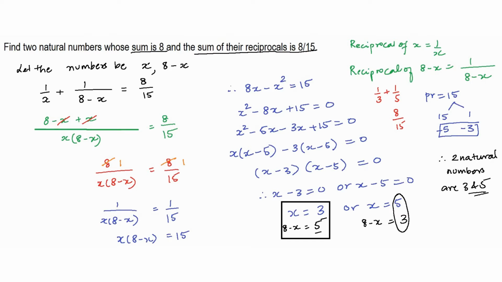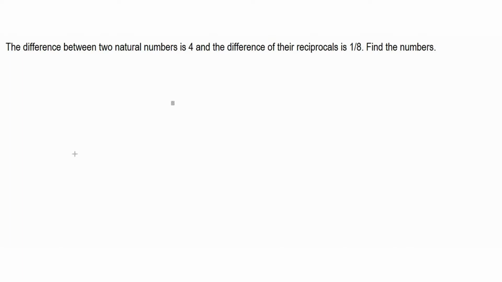Moving on to the next question. The difference between two natural numbers is 4 and the difference of their reciprocals is 1 by 8. Find the numbers. So now it's given that there are two natural numbers whose difference is 4. Let the two natural numbers be x, and the difference between both of them is 4.